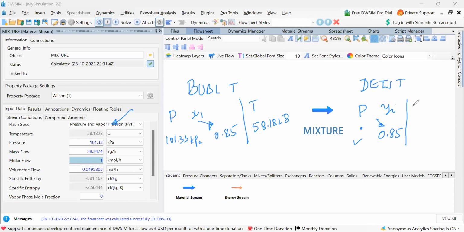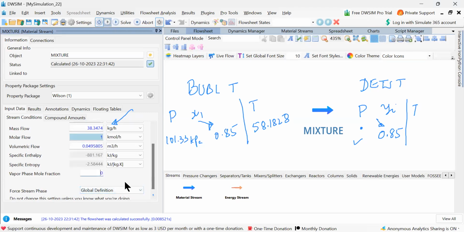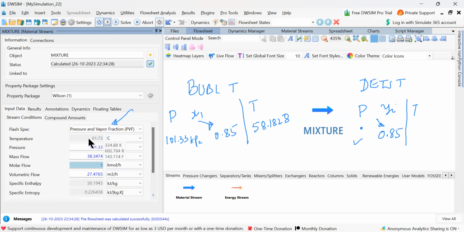I calculate temperature again. So what should I do now? I have to change the vapor fraction to 1 instead of 0. Now I press enter. Now I see the change. What is the dew point temperature now? It is 61.73.